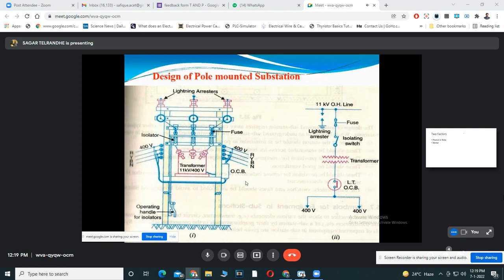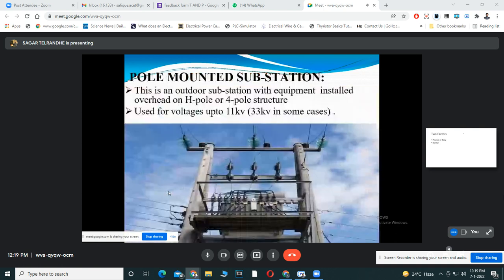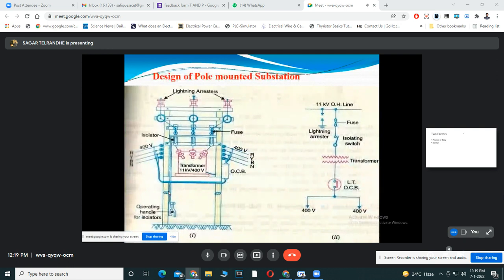From this, we can say that the complete structure forms an H of the alphabet. So we call this type of pole mounted substation the H pole or four pole structure.